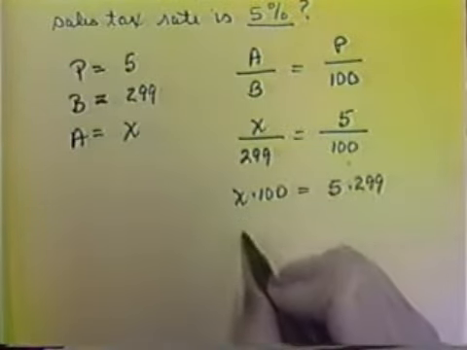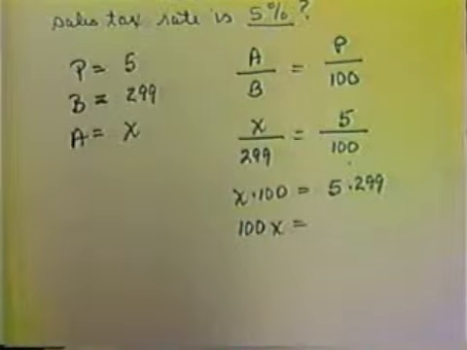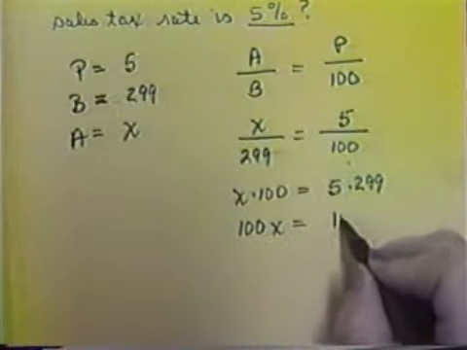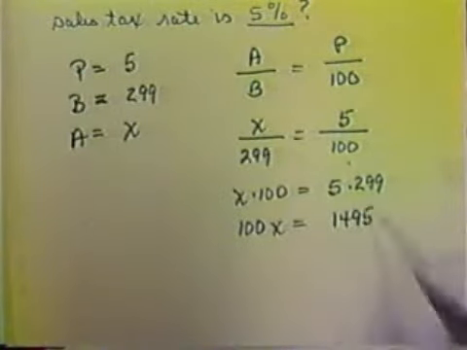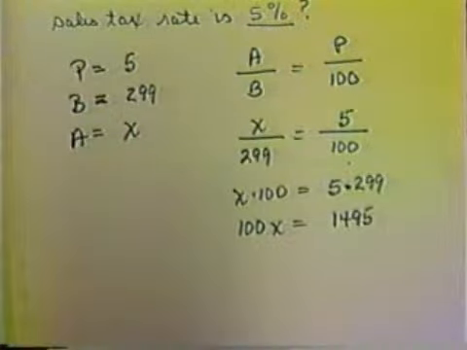That gives us 100x is equal to 5 times 299. Multiplying 5 times 299 on our calculator, we get 1,495.